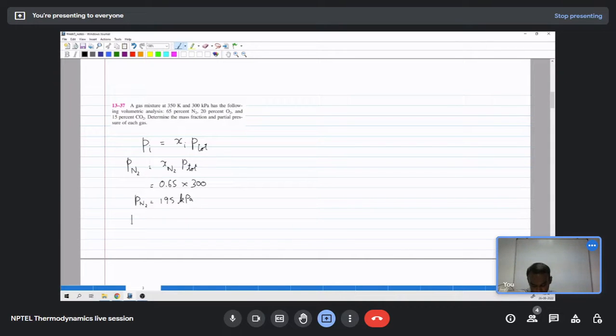Similarly, partial pressure of oxygen is equal to molar fraction of oxygen, which is given as 20%. So it is 0.2 into total pressure of 300 kilopascal. So this is 60 kilopascal.